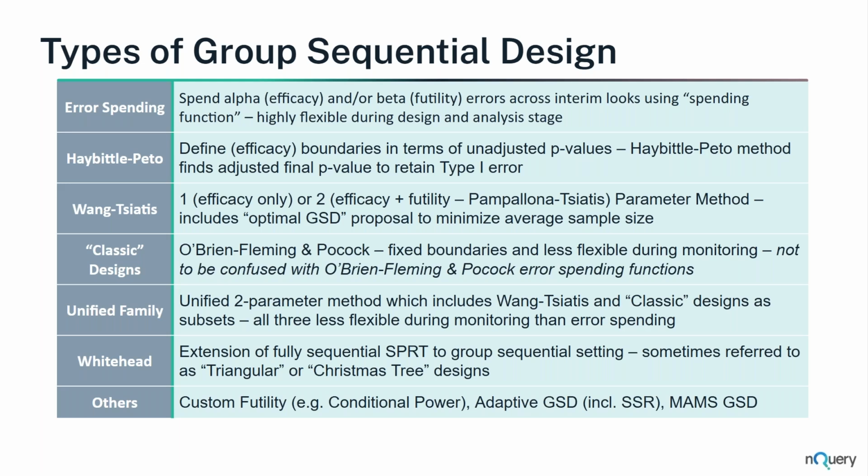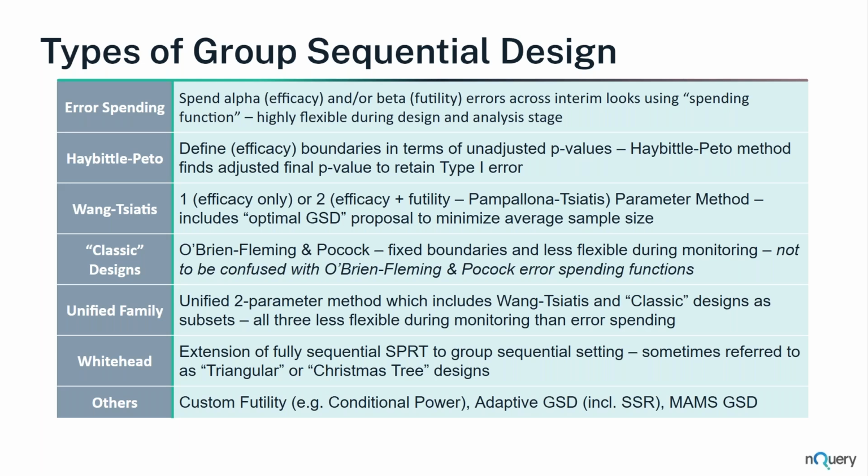So you would use your alpha for efficacy and beta for futility. And this leaves less of the error available to be allocated for the final analysis. However, your maximum sample size for the overall trial might be higher, but then you might save said resources if you're able to stop, whether it be for efficacy or futility.